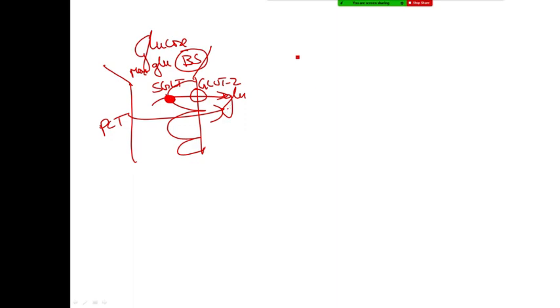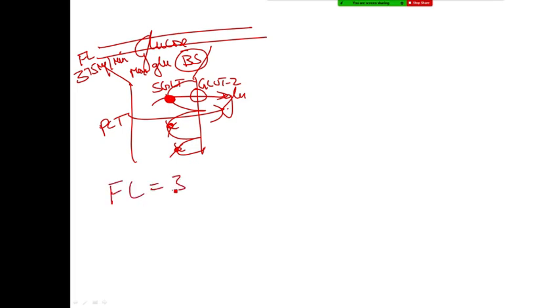Okay? So based on this, they found out that when the filtered load is 375 milligrams per minute, that's when the carriers get saturated. So if filtered load is 375, what plasma glucose does it correspond to? Filtered load is plasma glucose times GFR. 375 is the filtered load.